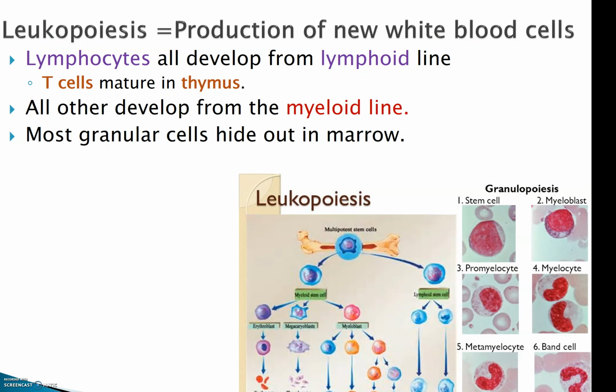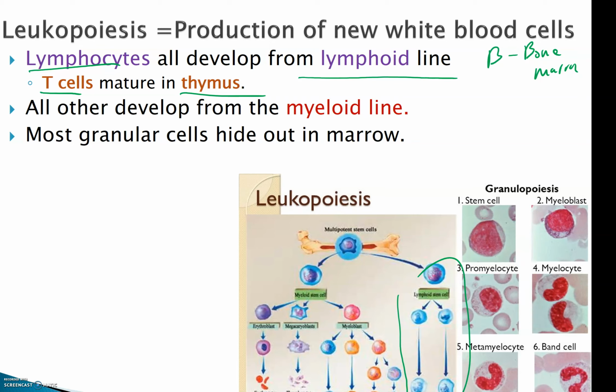Now, all lymphocytes develop from the lymphoid line. Now, the B cells mature in the bone marrow, and the T cells are going to mature in the thymus. All other cells are myeloid. So here's our lymphoid line right here. B cells, bone marrow; T cells, thymus.